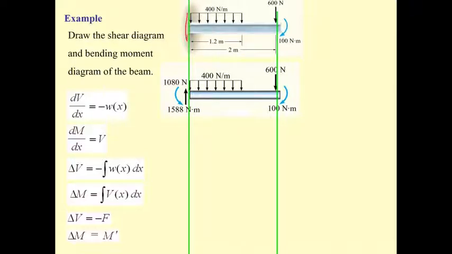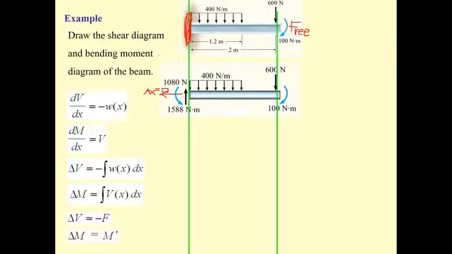For example, let us consider the cantilever beam. It has the fixed support here, and the free end here, so we have 3 unknown forces and moment at the support. We may have this one as A sub x, and from the summation of forces in x equal to 0, this A sub x is automatically equal to 0.